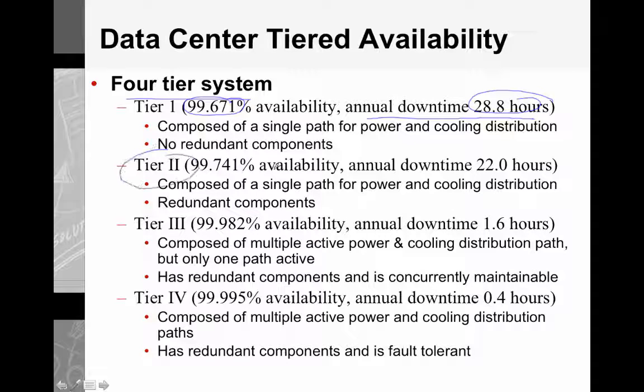Compared to tier 2, which can have a downtime of 22 hours and 99.741% availability. Tier 3 is 99.982% availability with 1.6 hours of downtime. Tier 4 data center is 99.995% availability with only 0.4 hours of downtime. As you can see, tier 4 data centers are highly optimized, highly available data centers.